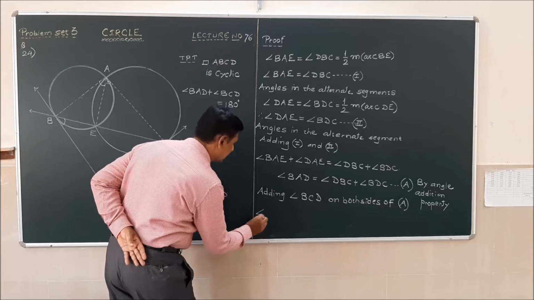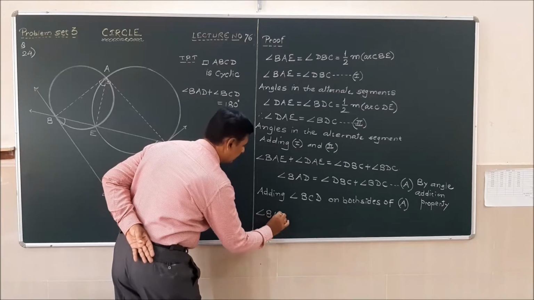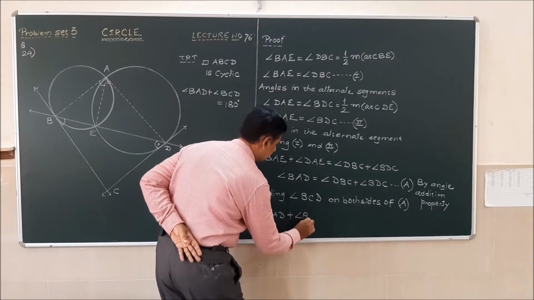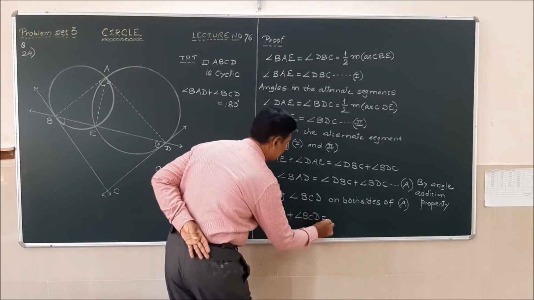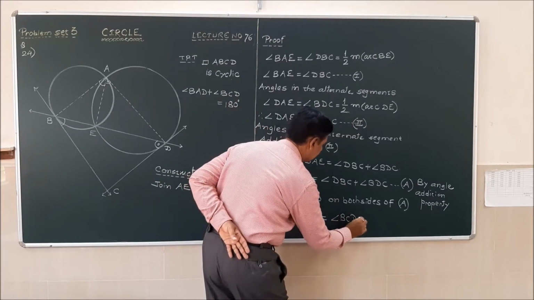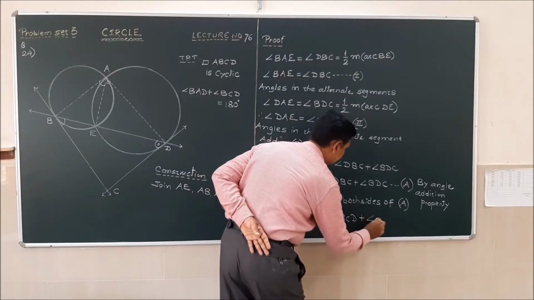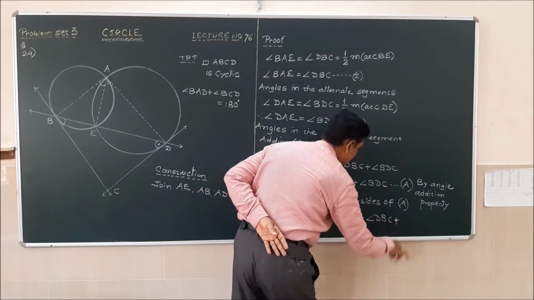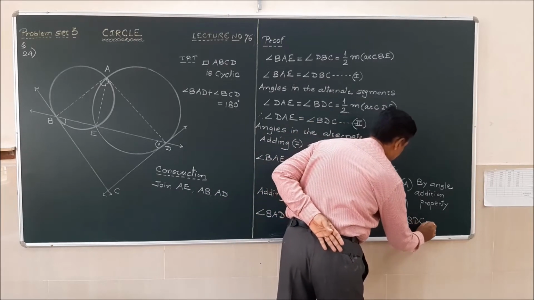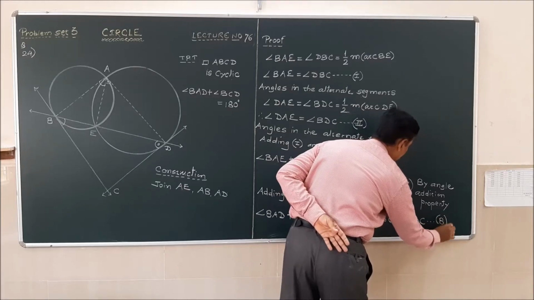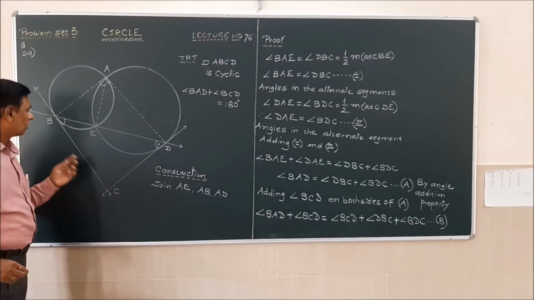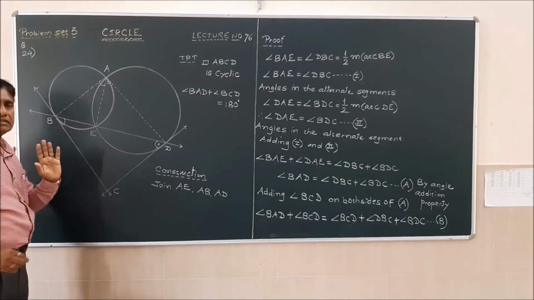So angle BAD, with which we are going to add BCD, is equal to BCD plus angle DBC plus angle BDC. Label it as B. Our final aim is to prove quadrilateral BADC is cyclic.